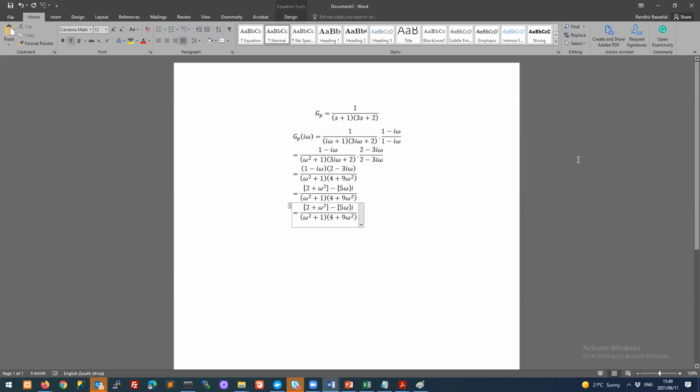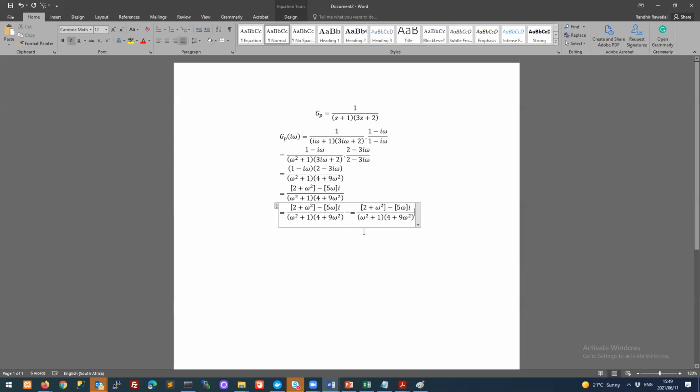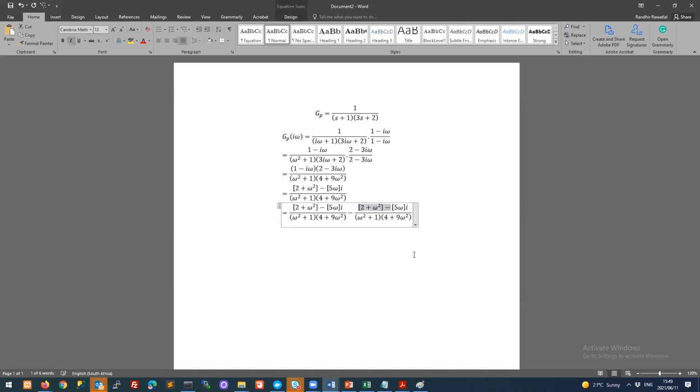So we can write it like this. Right. So you've got the real part here. So as you generate different values, you can run a loop on omega.